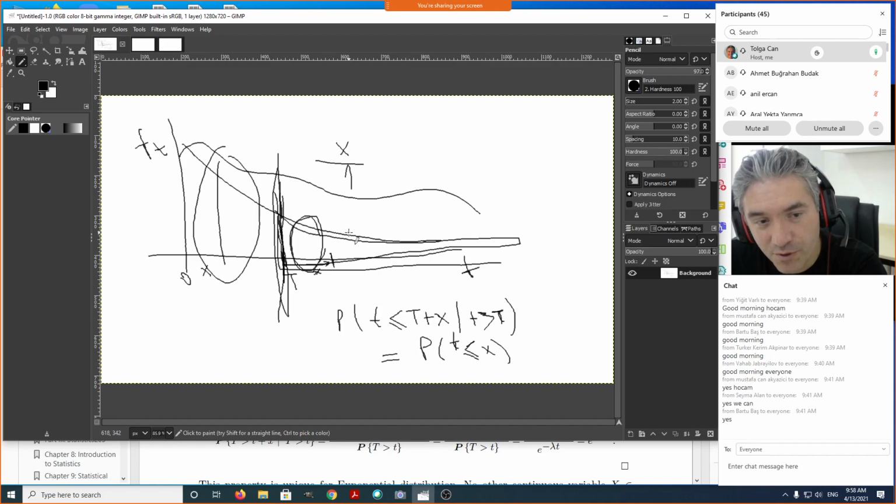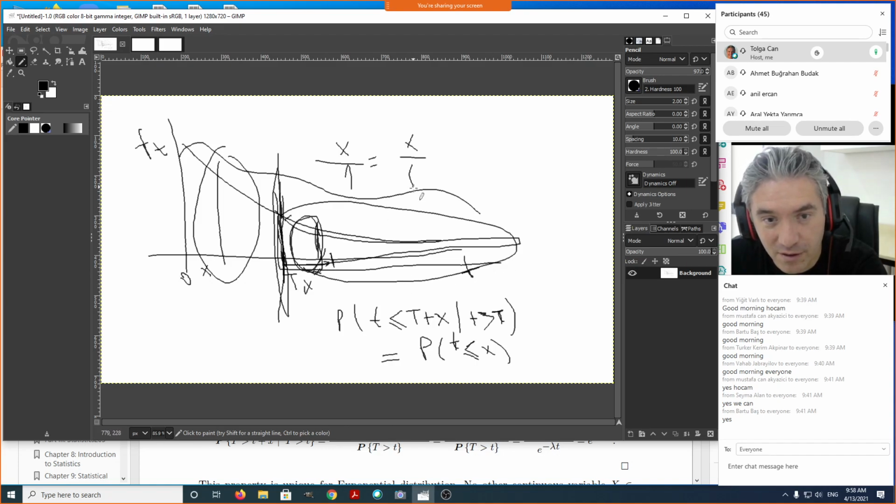So if you look at the same x here and you take the ratio of that x over this remaining area here, which is the integral from t to infinity of the PDF f(x) dx, these are equal to each other.